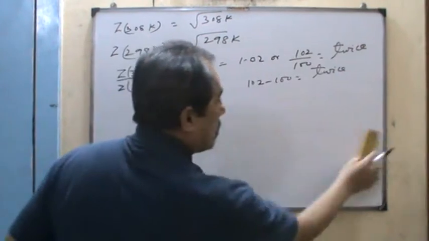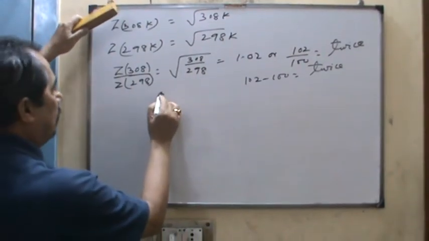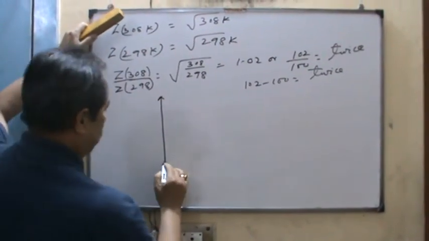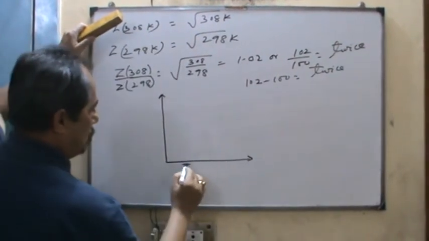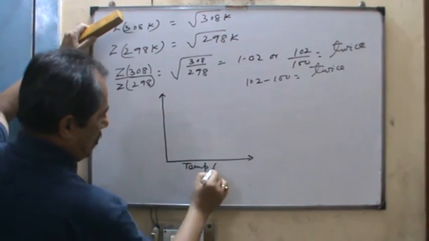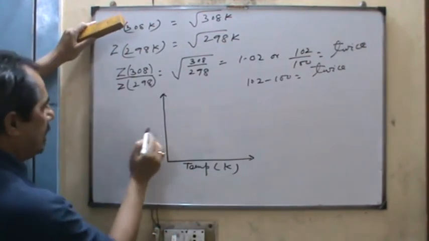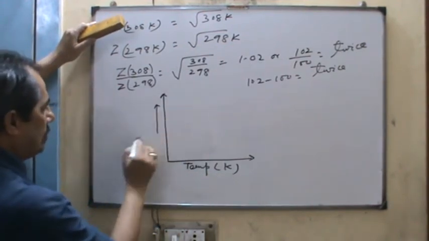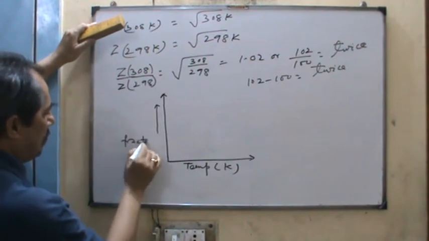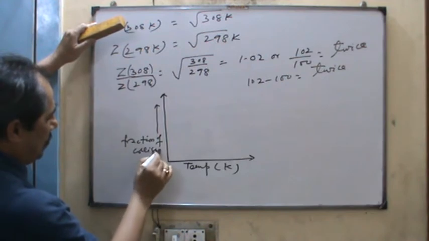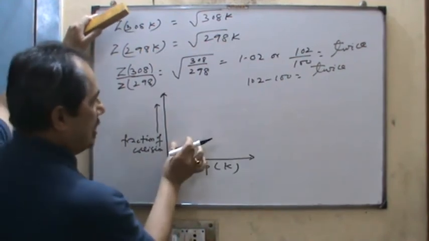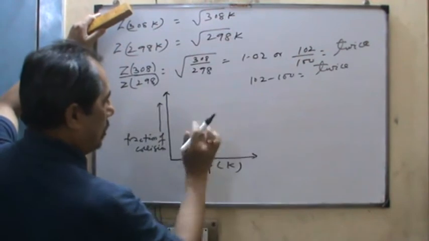Dear students, now plot the graph between temperature in Kelvin, and on this side you write fraction of collision. This side is the reactant and this side is the product.